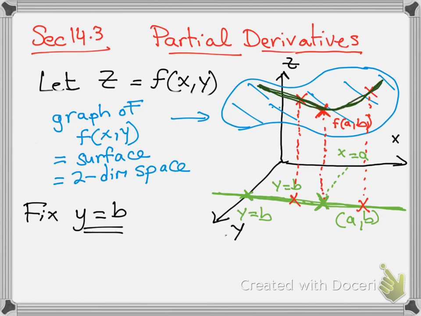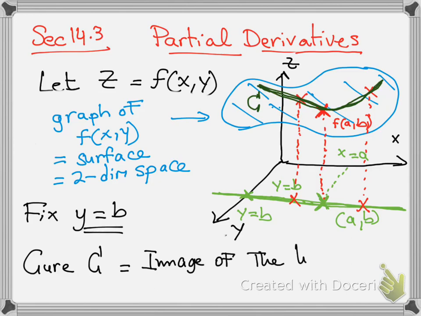So this is the curve C. The curve C is the image of the line y equal to b by the function f of x, y.